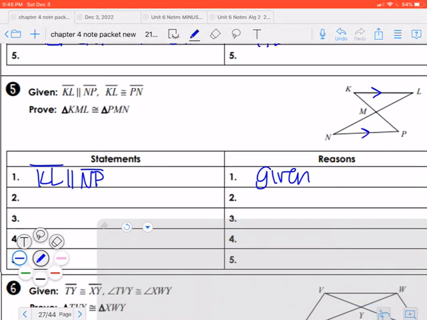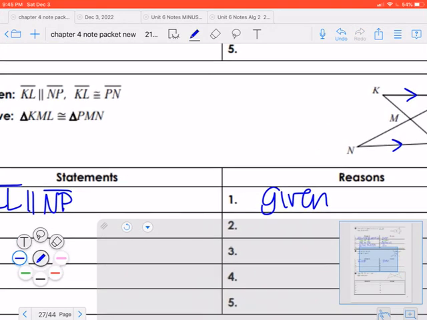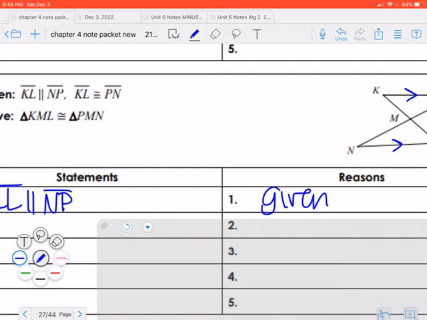Now remember what I said, in all of these proofs in this whole chapter, there's just a little handful of things that you'll have to remember. So one is that if they say that a point is a midpoint of a segment, you then, right after that, say that the two halves are equal. If they give you that a segment is an angle bisector, then you come along and say the two angles are equal to each other.